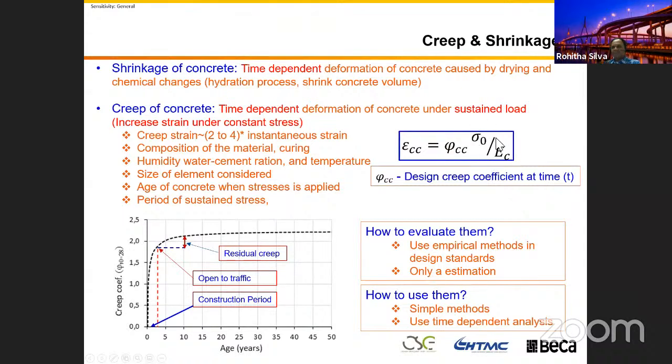We use the initial strain, we can calculate that, and then we multiply by a factor that depends on time. We call it the design creep coefficient. We're going to discuss this in detail a little later. In general, the creep strain will increase over time almost 2 to 4 times.